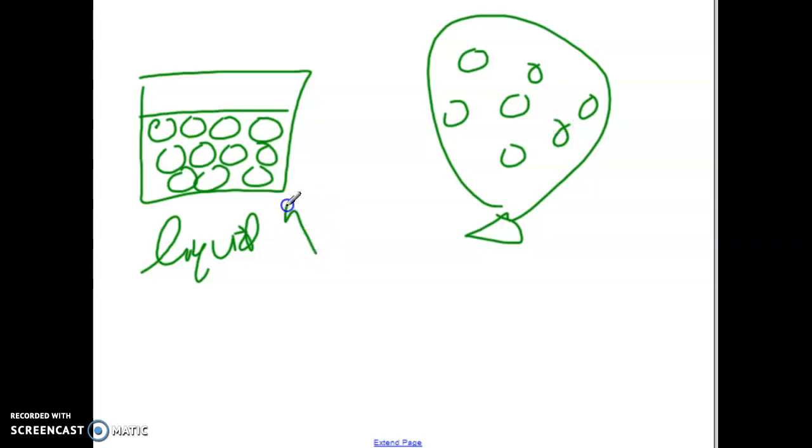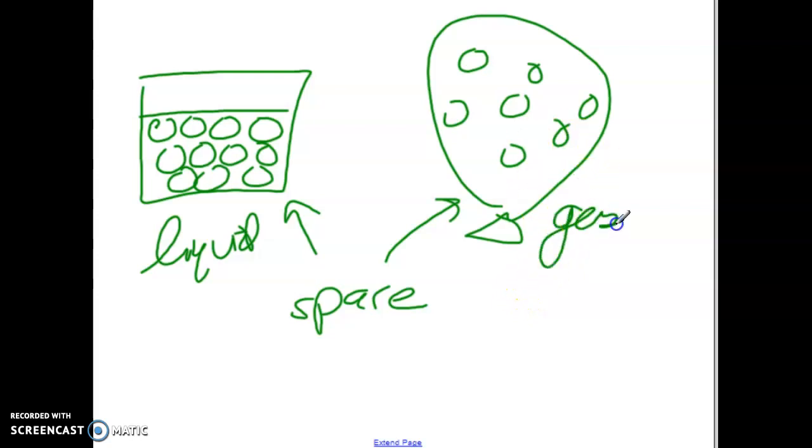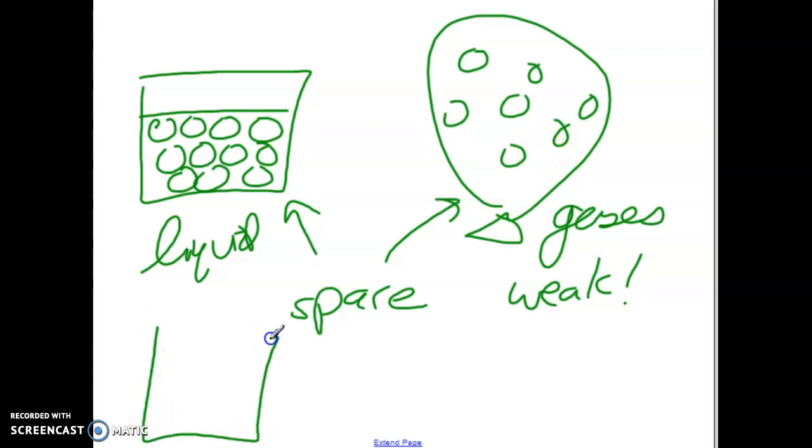right? What determines the state of matter is the space between particles. So the reason why you have gases at room temperature is because the attraction between particles is very weak. Liquids have stronger attraction in comparison to gases, and then of course solids are very compact.